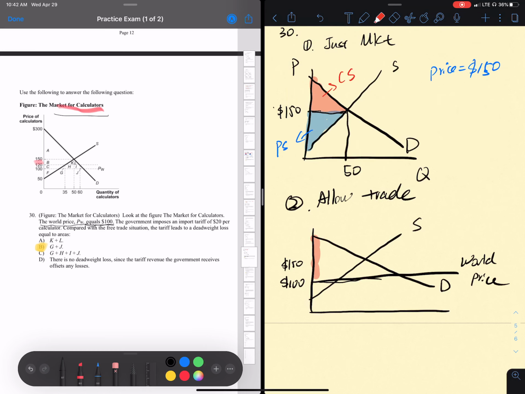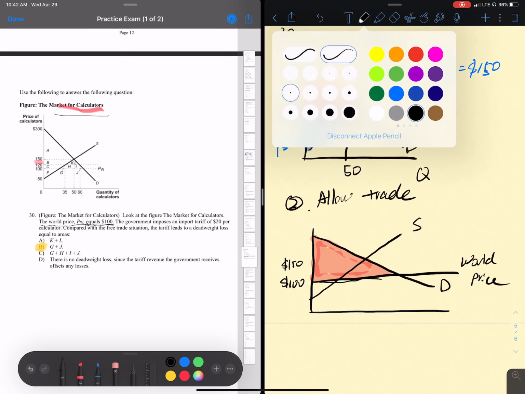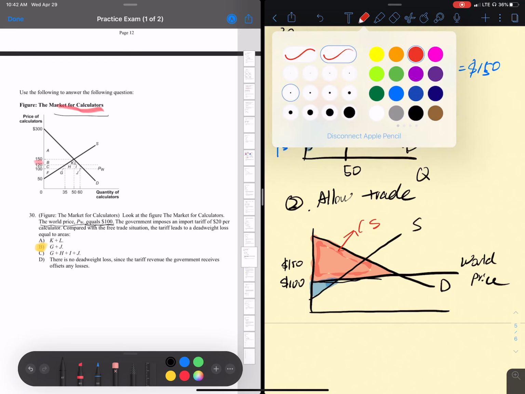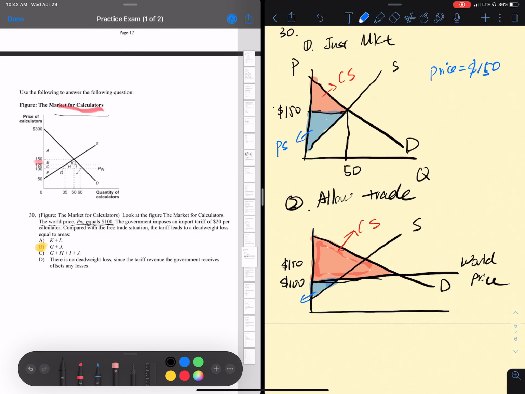This big triangle is your new consumer surplus. And the producer surplus is this little one. So this is after the trade.